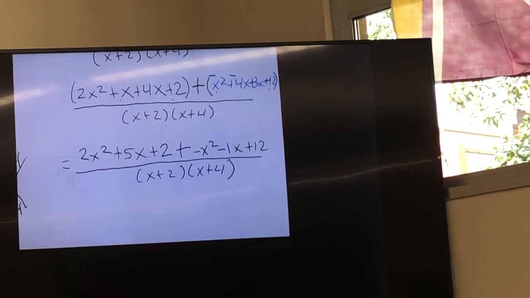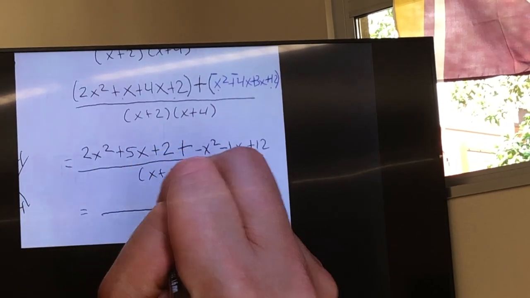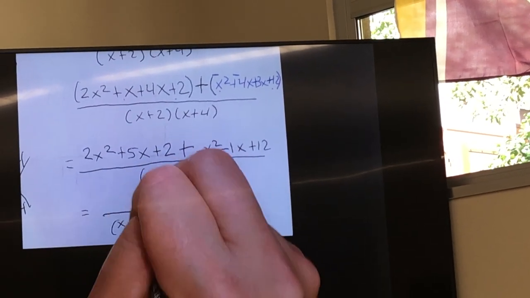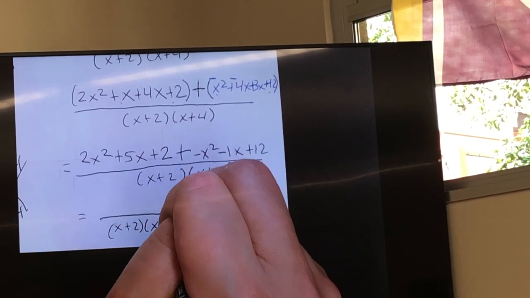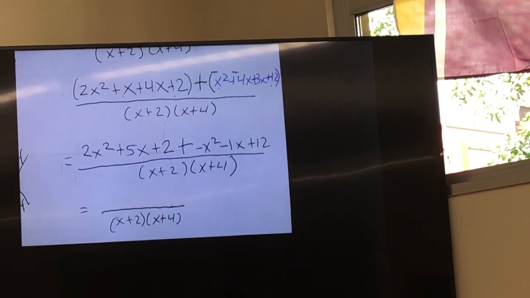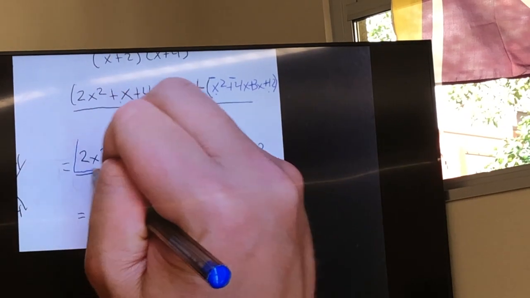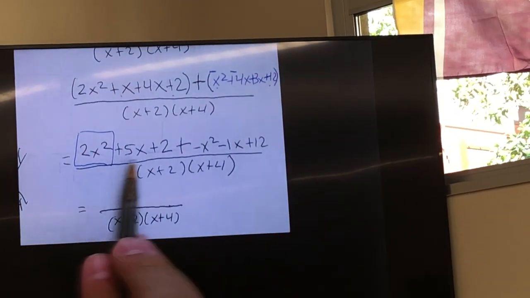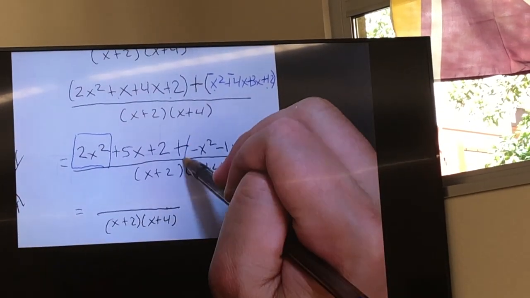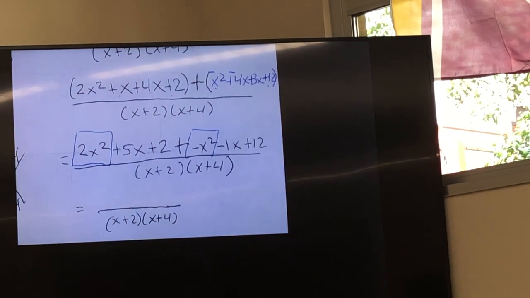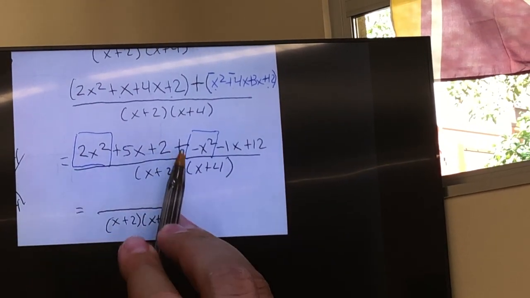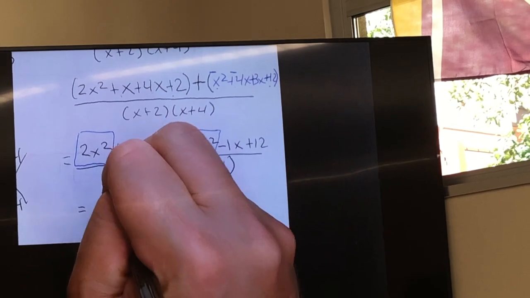Now it's just combining our like terms, okay? Remember, that's going to always stay our common denominator. Starting with our 2x squared, we're looking for x squareds, and we see another negative x squared. 2x squared minus x squared makes x squared.